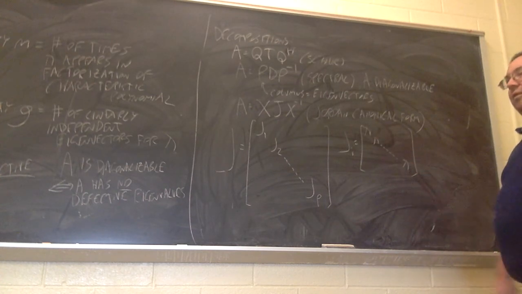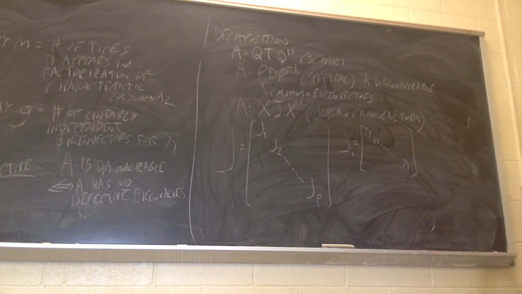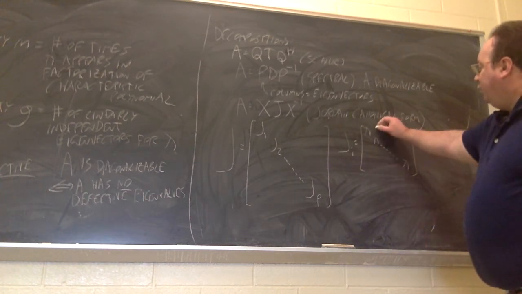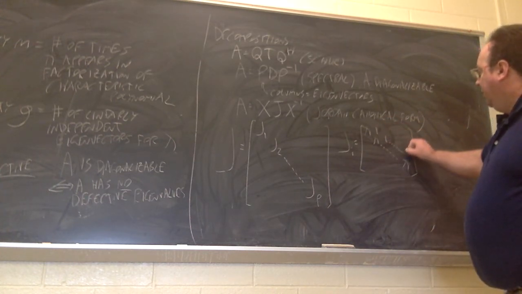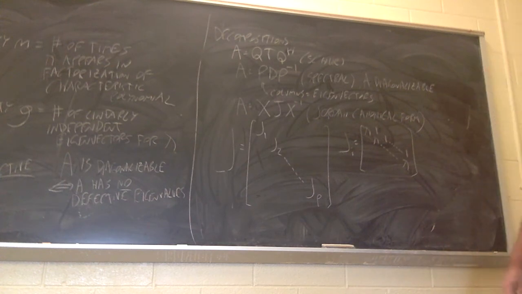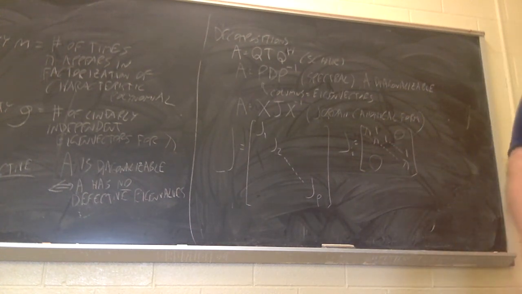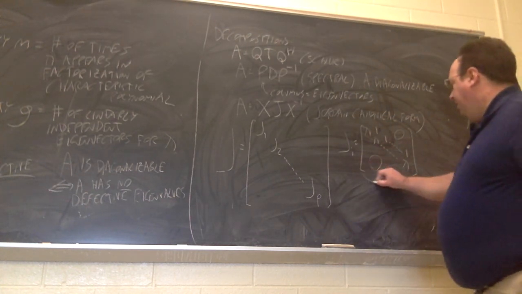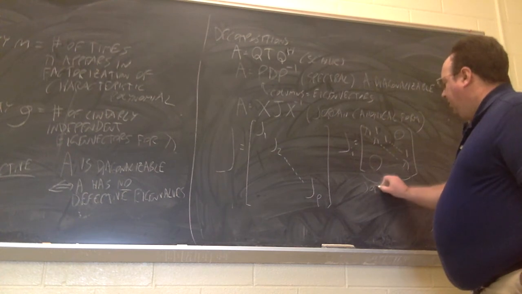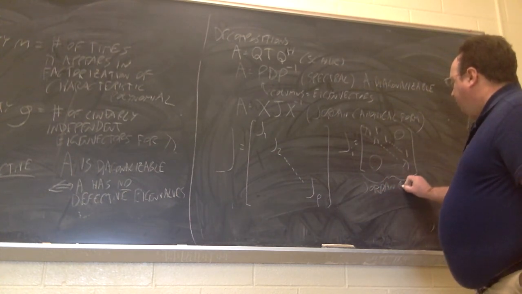So same lambda all the way down the diagonal. And then you have ones above, on the superdiagonal, everything else 0. So not quite diagonal, but pretty close. So this is called a Jordan block.